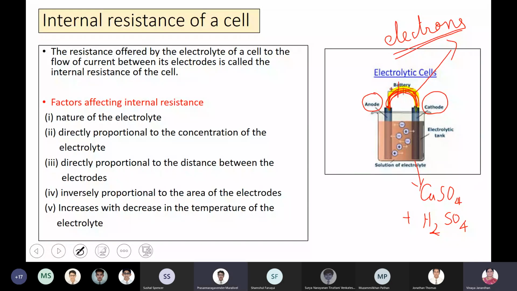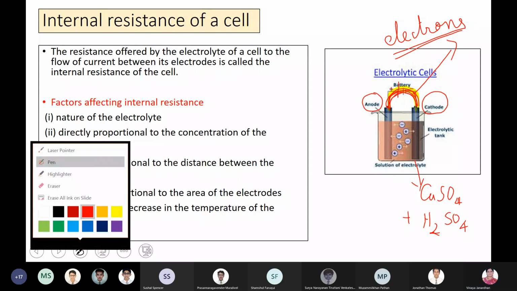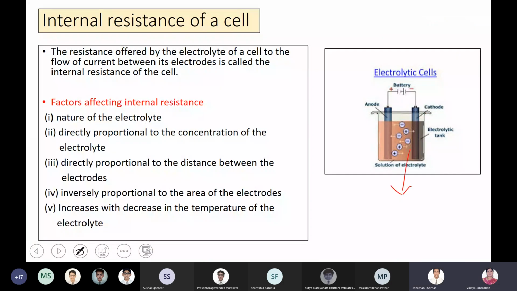The electrolyte. The conducting part is the electrolytic solution. What makes the current flow? The movement of ions.